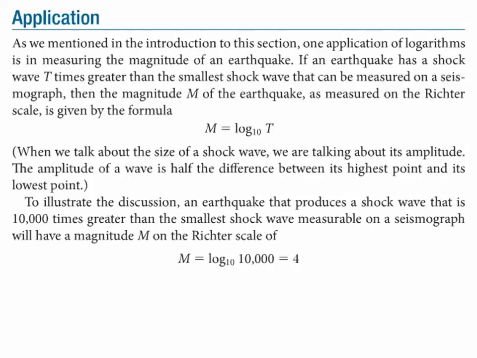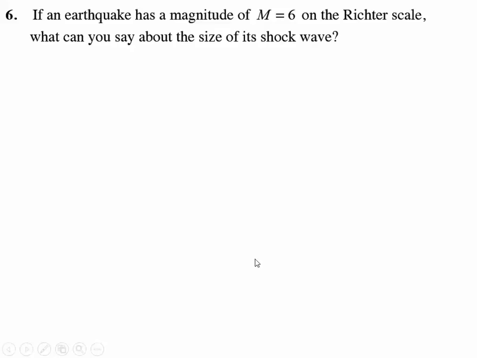Okay, so let's go to number 6. If an earthquake has a magnitude of m equal to 6, what can we say about the size of its shock wave? How much movement was there compared to the smallest amount of movement we could measure?